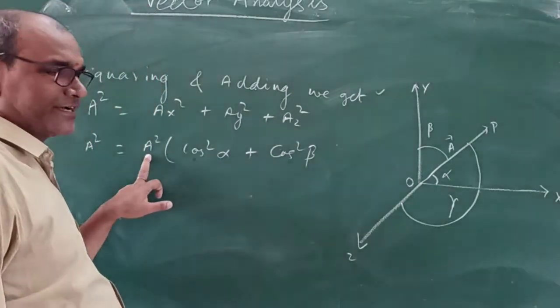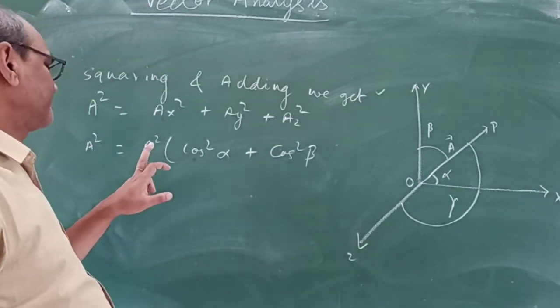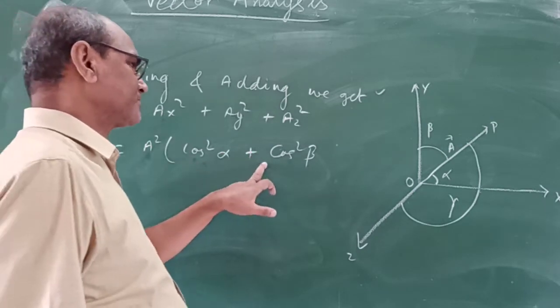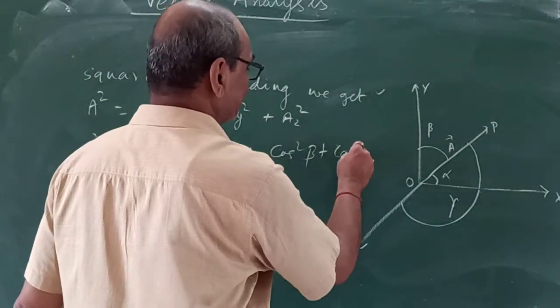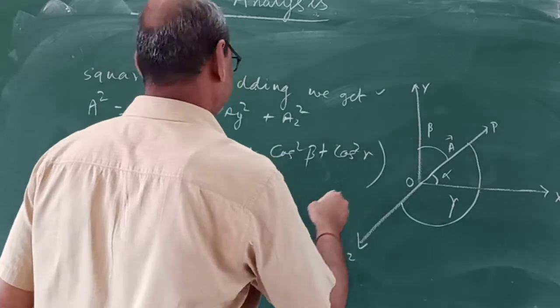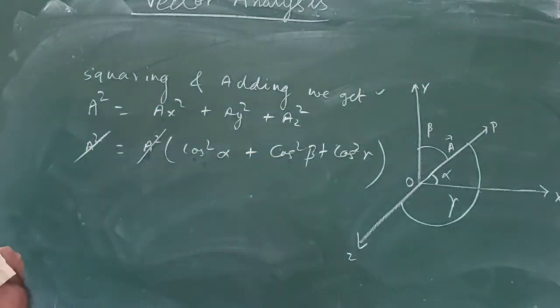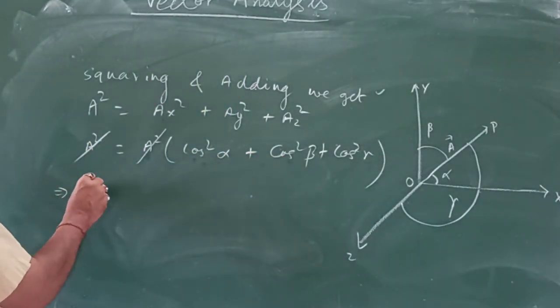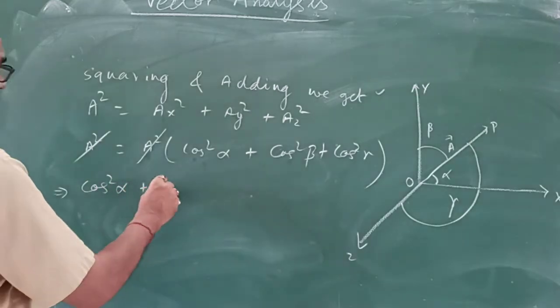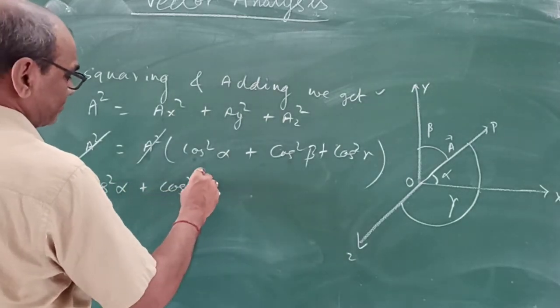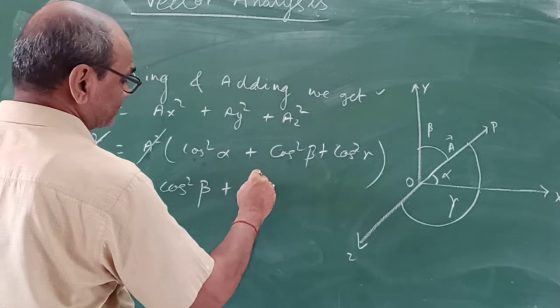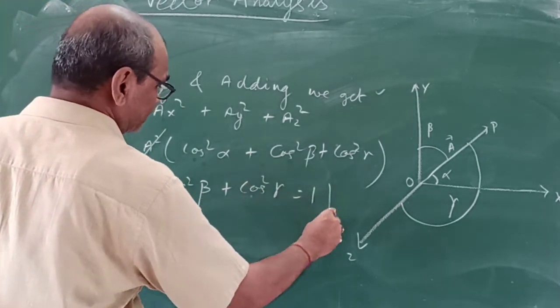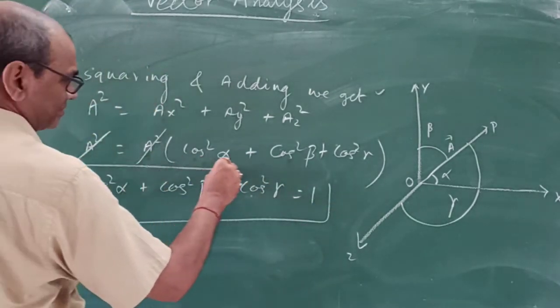Therefore, a square taken common: a square into cos square alpha plus cos square beta plus cos square gamma. Right? A square cancels out. Therefore, cos square alpha plus cos square beta plus cos square gamma is equal to 1.